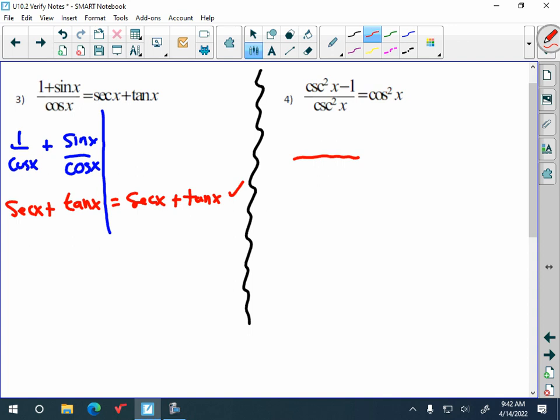What's cosecant squared x minus 1? I'm showing you another method. Cotangent squared. Look at your Pythagorean identity.